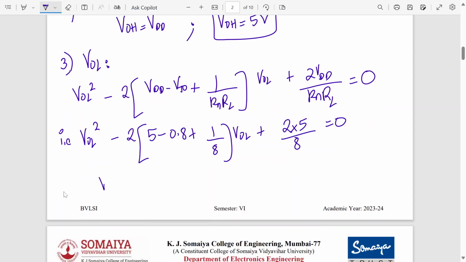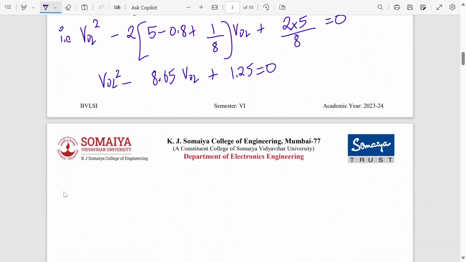Substitute this in calculator: it is 2 times 5 minus 0.8 plus 1 upon 8. That comes out to be 8.65 VOL plus 10 divided by 8, that is 1.25, is equal to 0. So solve this quadratically.